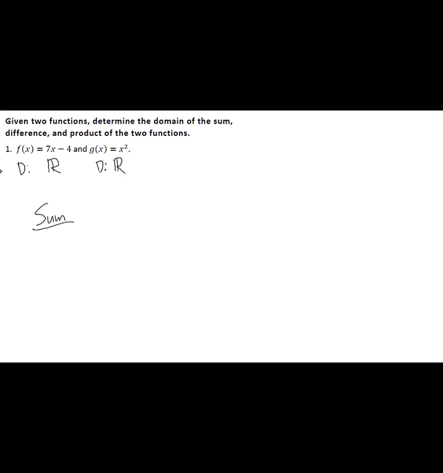So if we look at this, we have 7x minus 4 plus x squared because we're doing f plus g of x. So we add them together, so that gives us x squared plus 7x minus 4.